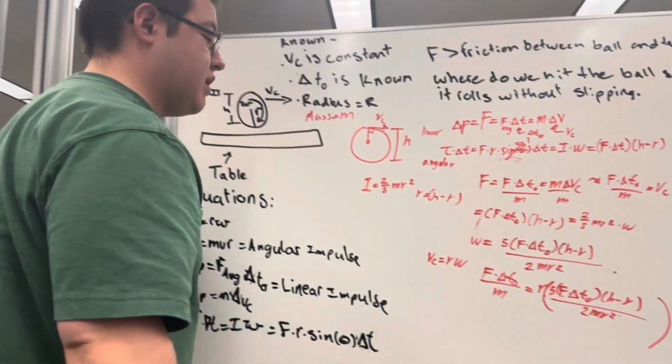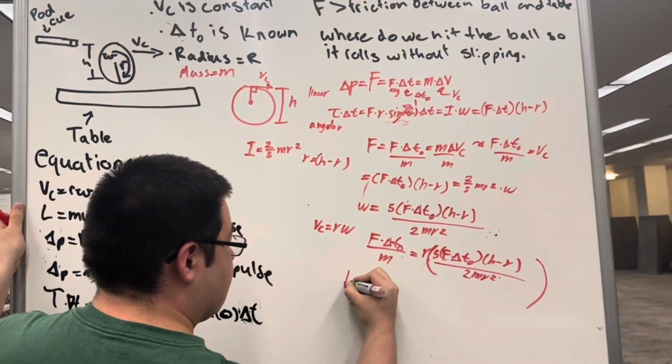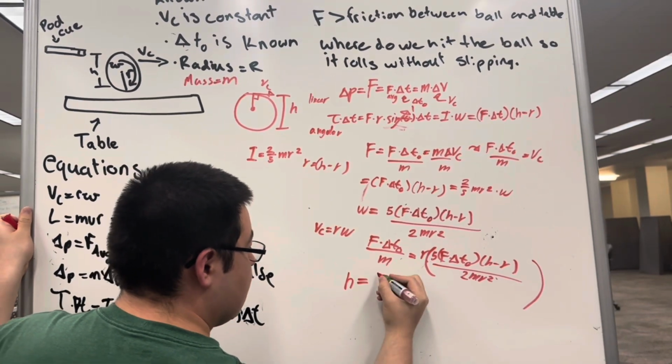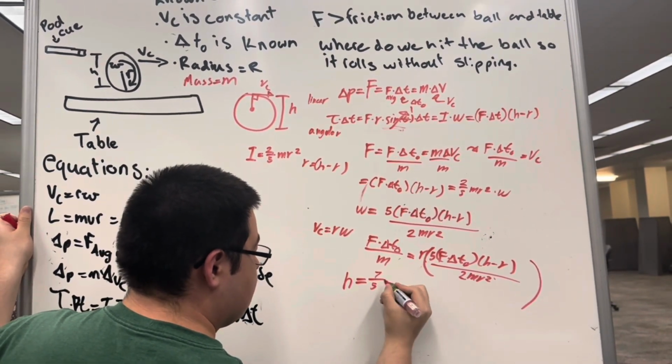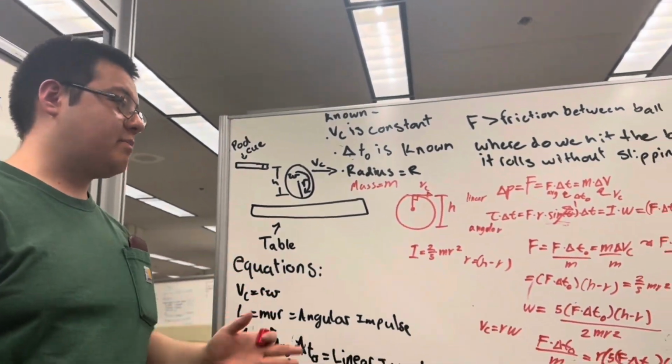I know that's a big equation, but once we simplify it down, what we get is that at the height of 7/5 of the radius is exactly where we want to hit the ball so we can roll without slipping.